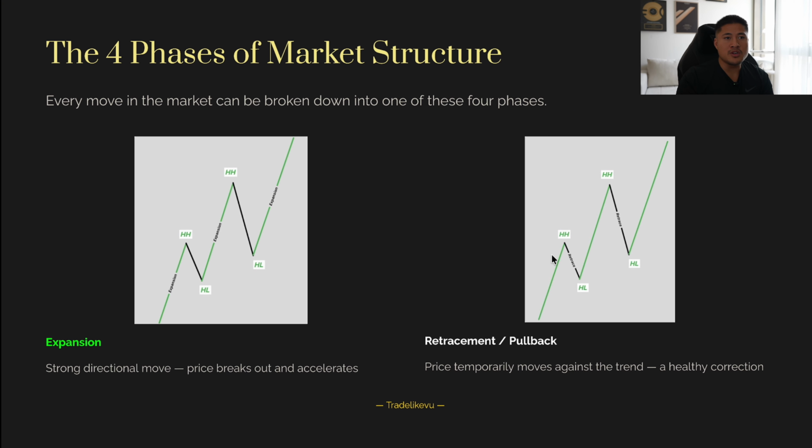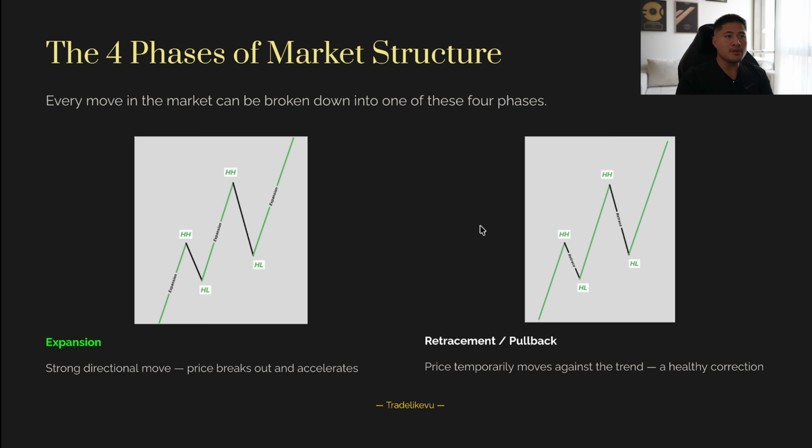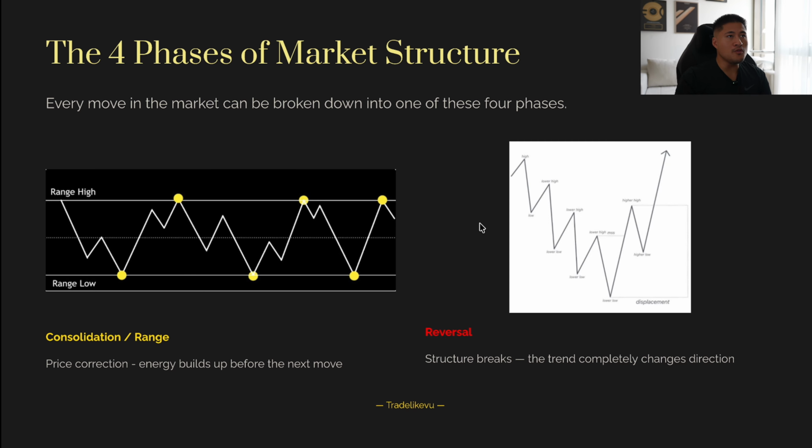And in the bearish market structure, it's basically the other way around. So if we go back, this is the expansion, then we have the correction, expansion, correction, expansion, okay? So basically very simple. Then the other 2 phases of market structure are consolidation. So basically the price correction, or when the energy builds up before the next move.